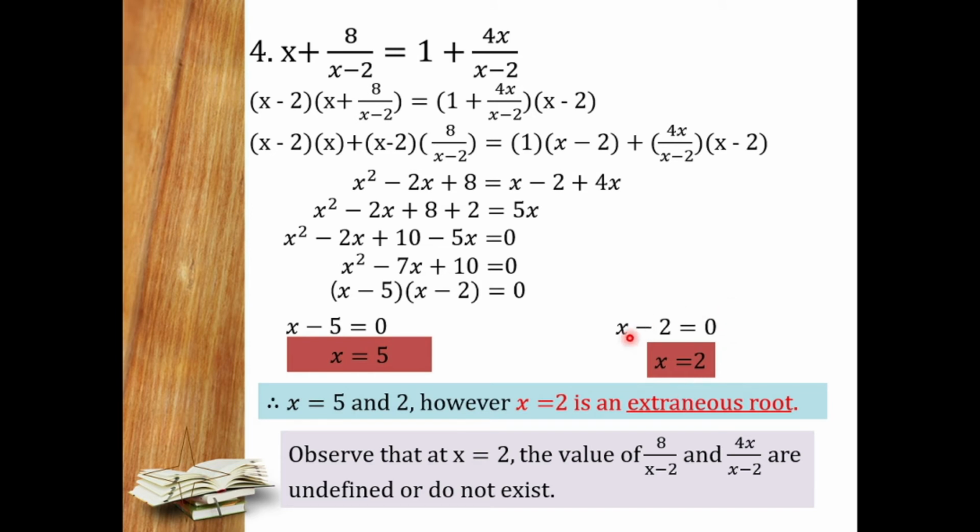Bakit to naging extraneous solution? Because if we're going to substitute x is equal to 2 into our original equation, we are going to have a false mathematical statement. Bakit false mathematical statement? Kasi ito is undefined. Undefined na to. Undefined na din yan. Okay?